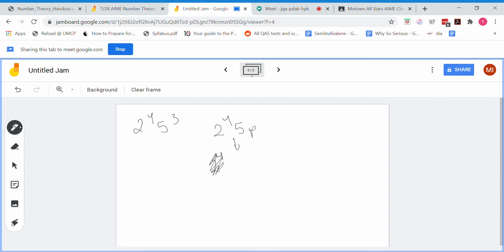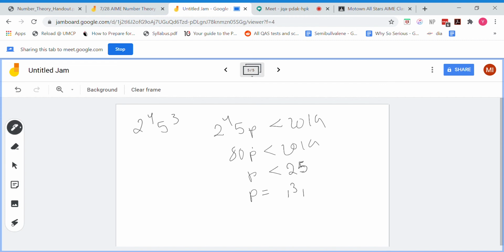Alright, so let's bound this first. What is the bound on p? So this must be at most 2019. So we have 80p is at most 2019. So p is at most 25. So p can't equal 2.